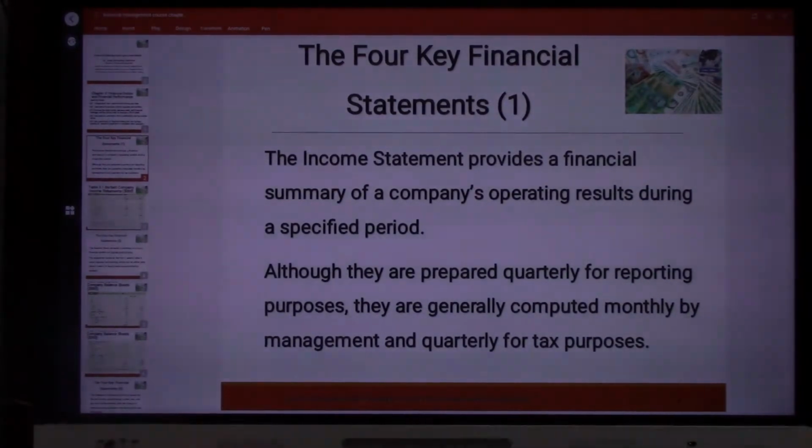Although such income statements are prepared quarterly for reporting purposes, they are generally computed monthly by management and quarterly for tax purposes.